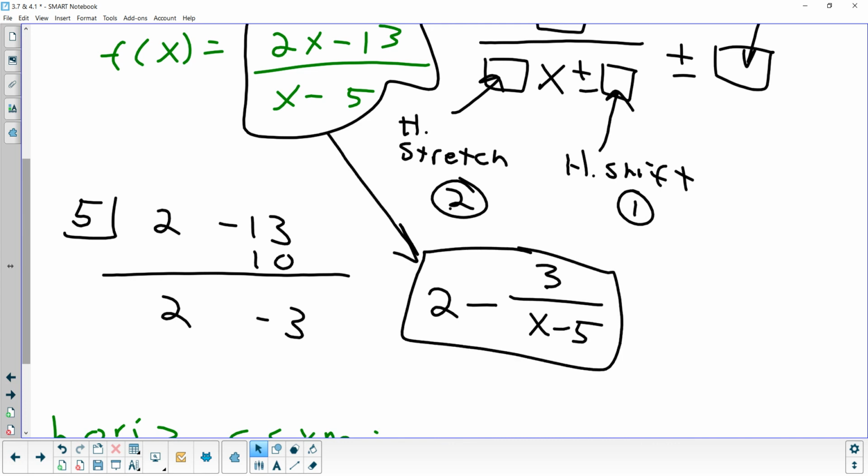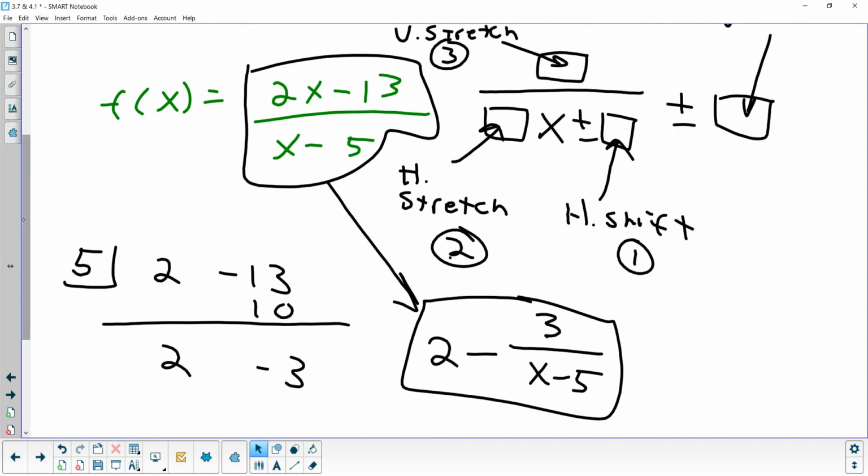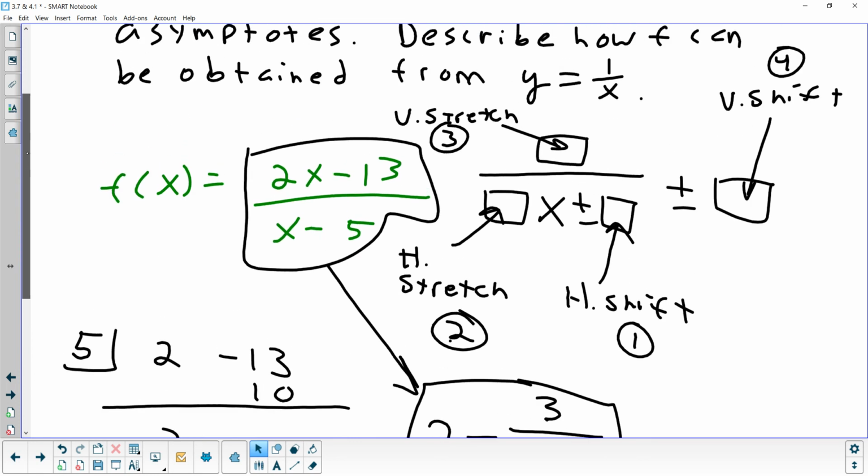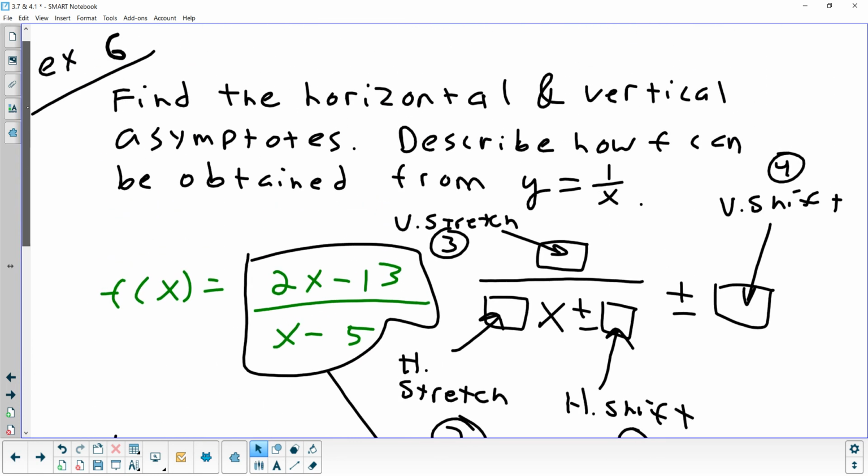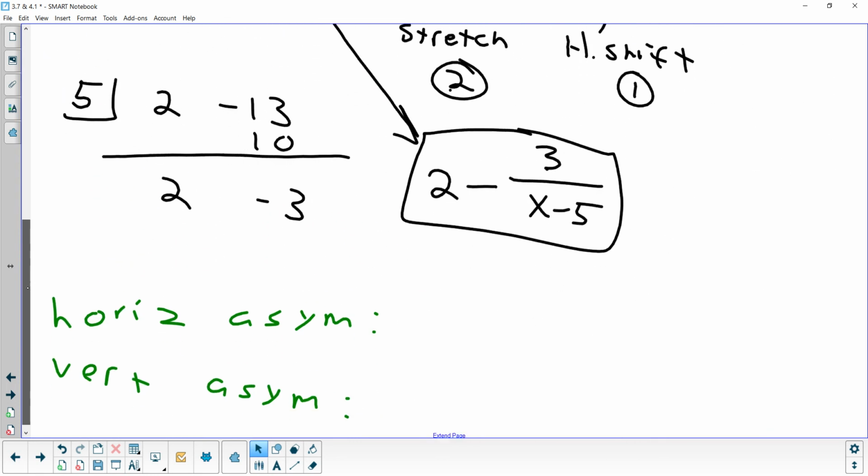That, in green, is the same thing as that in black. Now, if you look at it, it does fit that pattern. They put this box in the front, but that's fine. It's still the same thing. So let's find our horizontal asymptote.